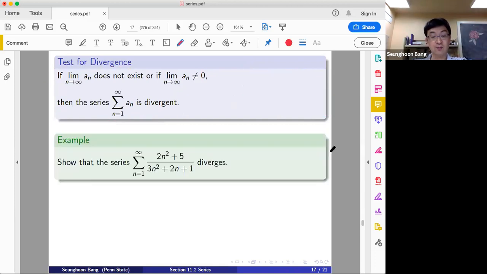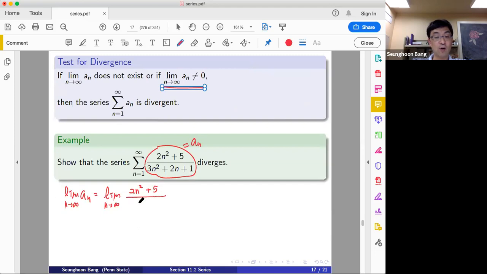So this is an example. I'm going to show this is divergent by using this one. So we have an. You can calculate the limit as n approaches infinity of an, which is 2n squared plus 5 over 3n squared plus 2n plus 1.